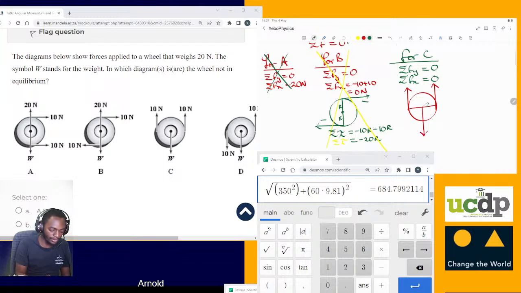And we're going to choose a point, and this is the point pivot, which means we eliminate the weight W. It will not contribute to the turning effect.